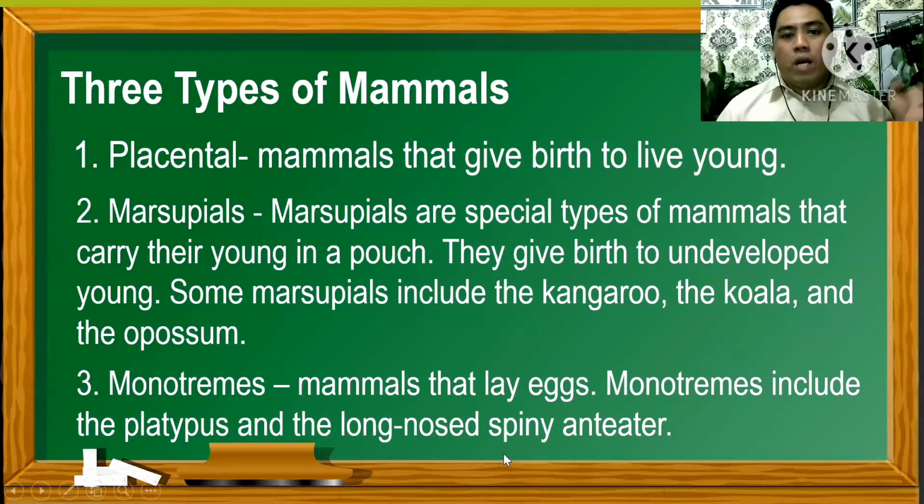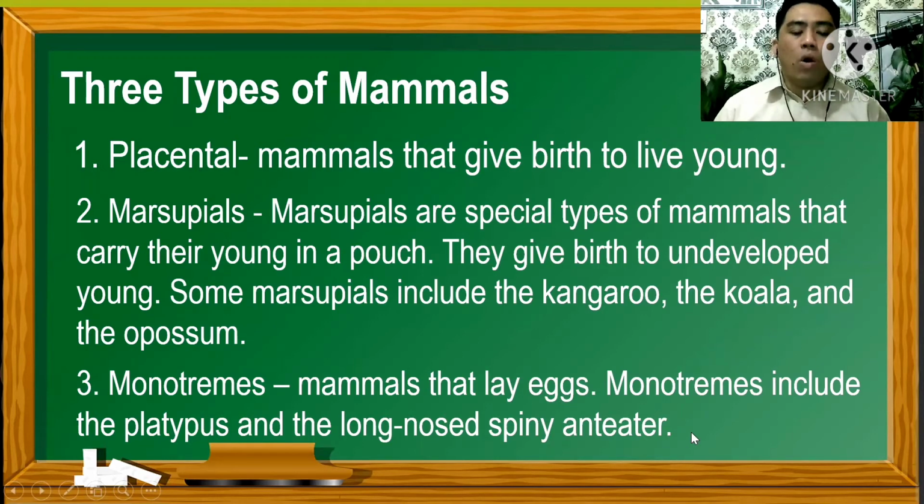While the monotremes are mammals that lay eggs. So merong mga tinatawag nating special mammals dahil they lay eggs. Because sabi ko nga kanina, most of the mammals are born alive. So merong mga mangilan-ngilan na mga mammals that lay eggs. They are called monotremes. So monotremes include the platypus and the long-nosed spiny anteaters.